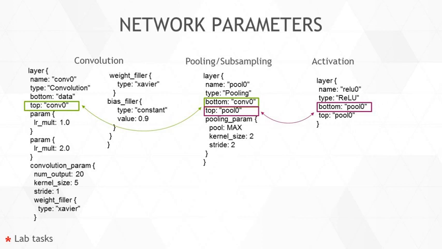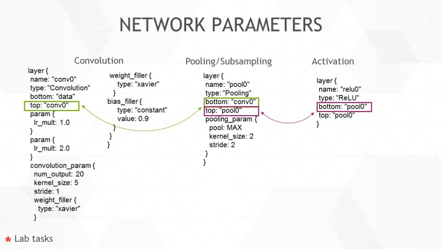What would happen is the top of your pooling layer would go into another layer defined just like conv1, except the bottom specifies pool0. The bottom will have the name of your pooling. So it's just like that.